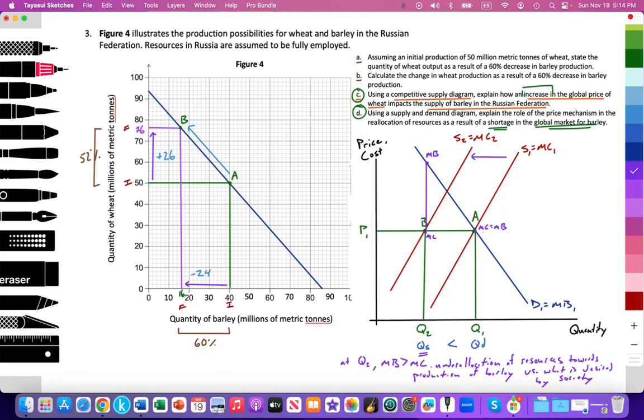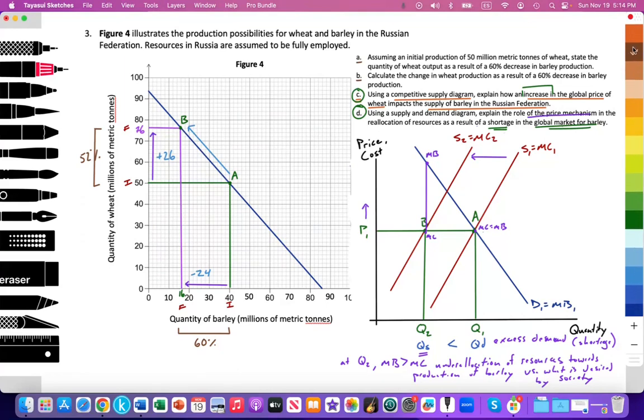So there's an under allocation, and then we also see that we have excess demand. Quantity of demand is greater than quantity of supply, which is a shortage. So what is that going to do? The price mechanism begins to take effect. Price will begin to rise, and it's going to rise to a new equilibrium.